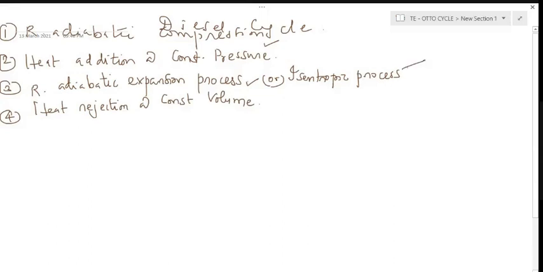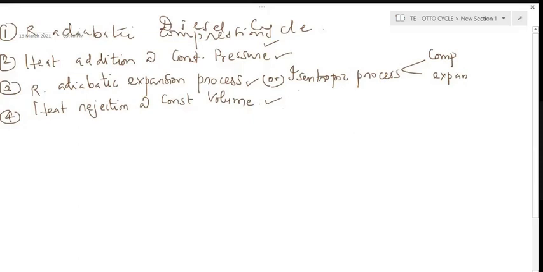In that we have two processes: one is compression, another one is expansion. Then the constant pressure process, where heat addition takes place, and the final process is constant volume, where heat rejection occurs.